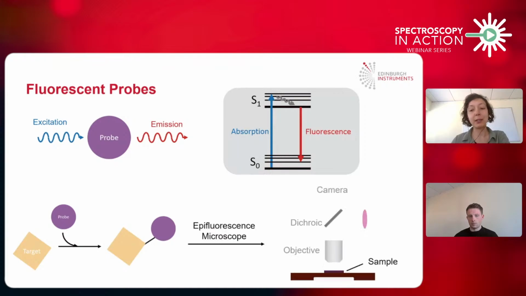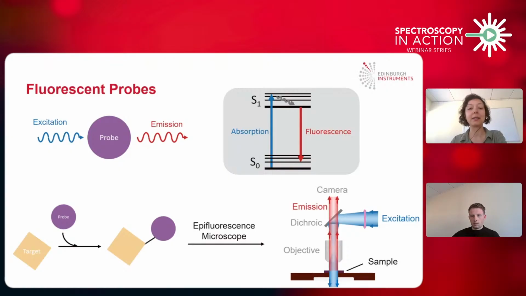The sample is then going to be studied under an epifluorescence microscope. And in the microscope, we illuminate the sample with excitation light of a particular wavelength that the probe is going to absorb. And then the light emitted by the probe is detected at a different wavelength on the microscope. This is going to provide an image showing the distribution of the target at different points in the sample, showing us an image of where the target is in the sample.